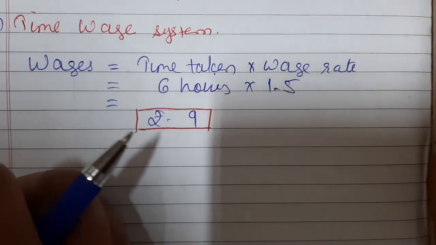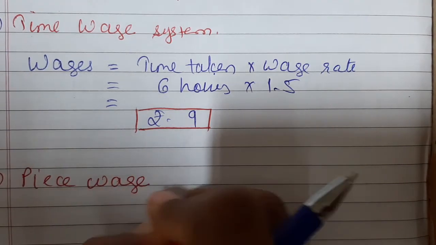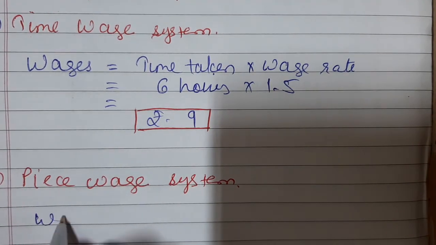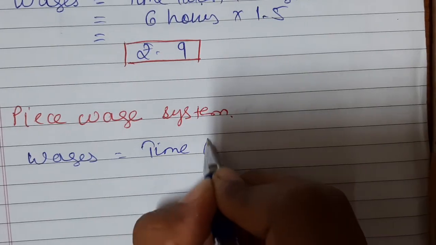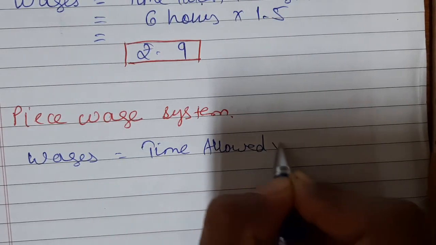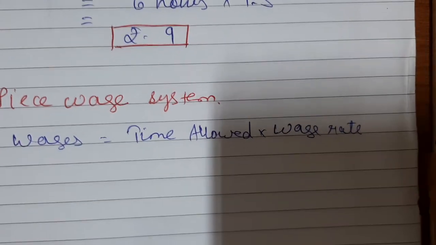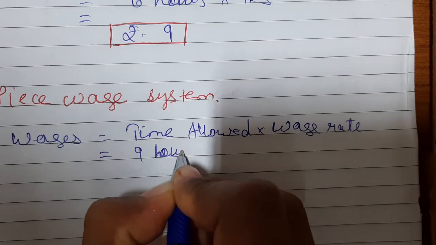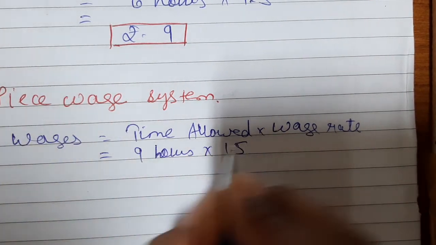Second, as per piece wage system, wages would be time allowed into wage rate. So time allowed is 9 hours into wage rate 1.5.